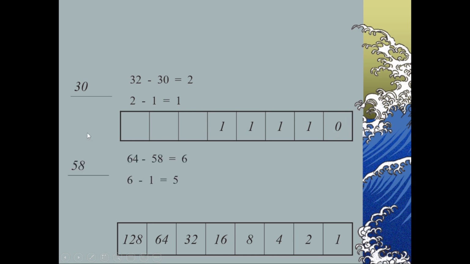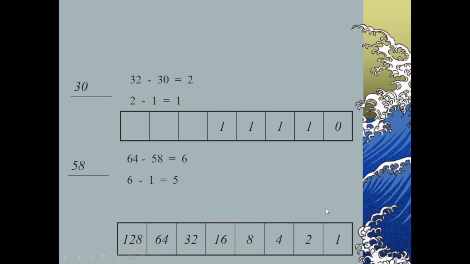Okay? Let's do another example. We want to convert 58. So the next group up from 58 is 64, right? 64 minus 58 is 6. We take that answer, 6, and subtract 1 from it. We get a 5. We put zeros in the spots that add up to 5.